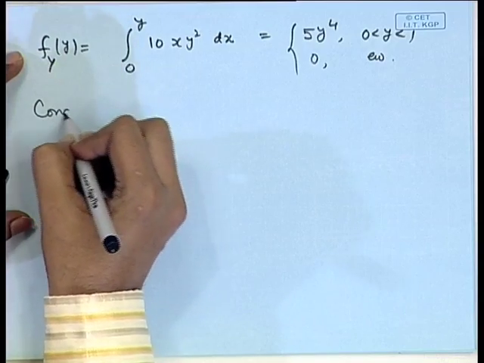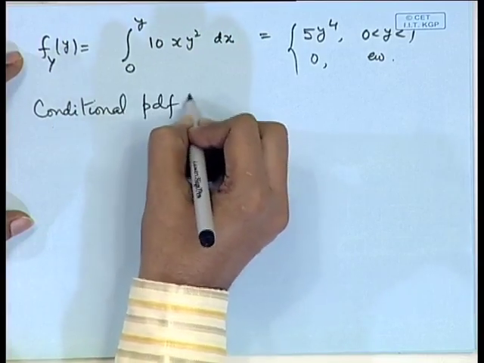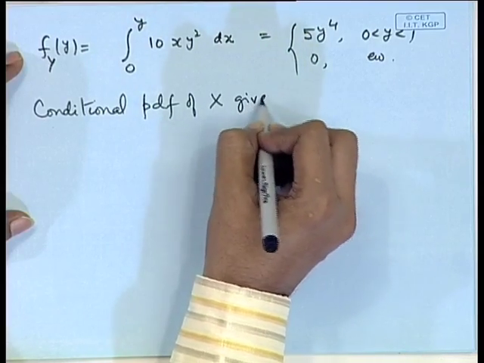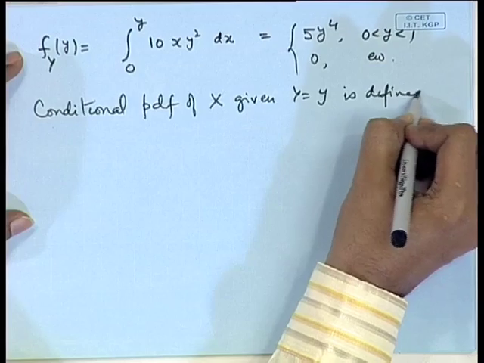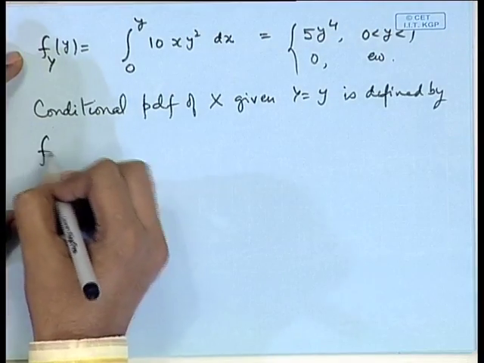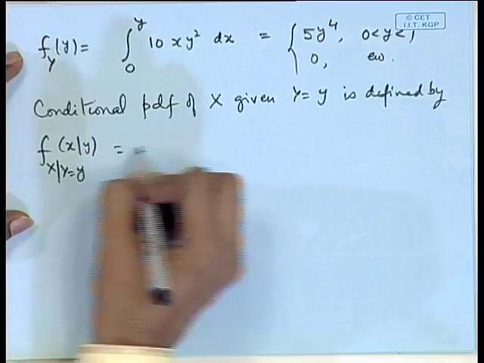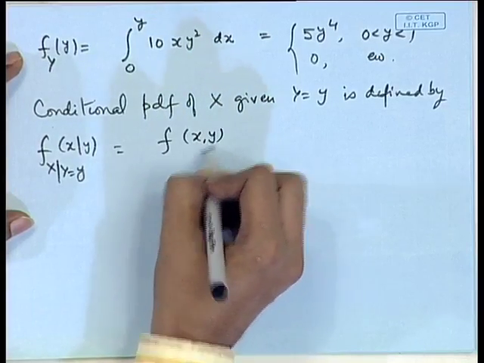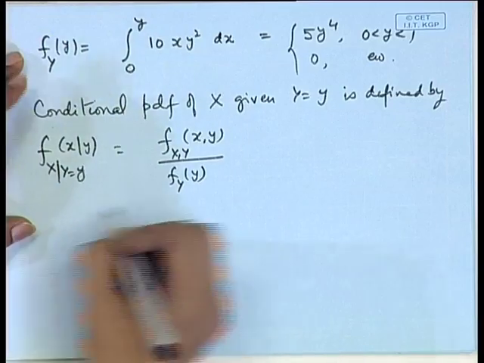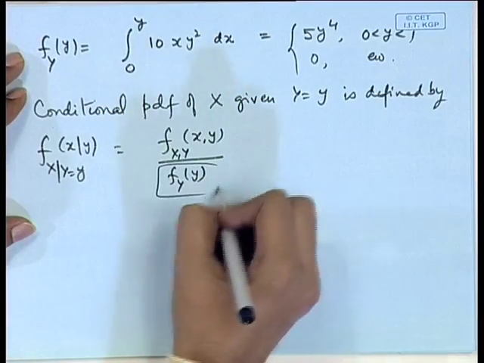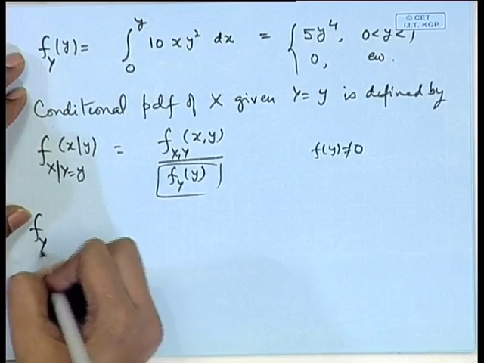The conditional PDF of x given a value of y is defined by f_{X|Y}(x|y), that is the joint distribution of x, y divided by the marginal distribution of y. Of course, this is defined for f_Y non-zero.